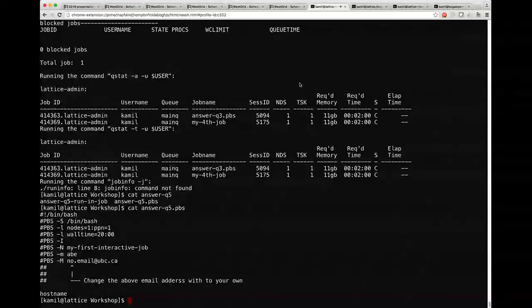So basically, here is the PBS script. One core, wall time of 20 minutes, is interactive, has this name, and emails you. And all it runs, well, all I have here is hostname.